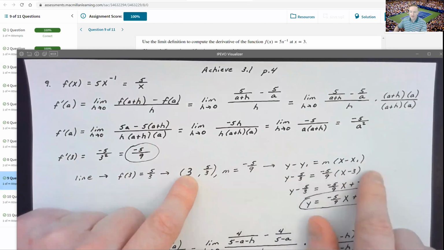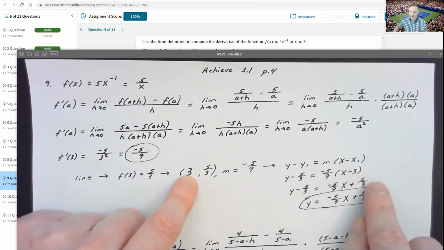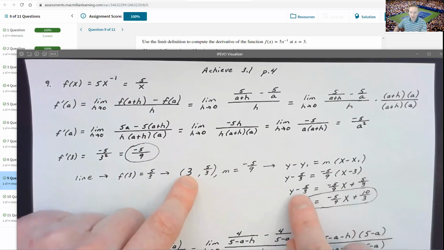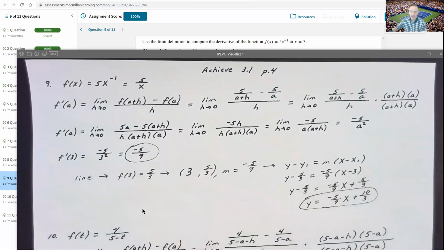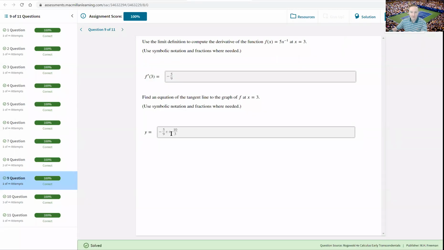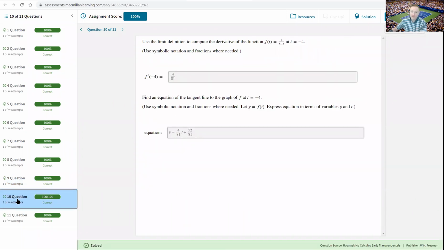I distributed the 5/9 on the right, and then I added 5/3 to both sides. And in this case, it gave me 5/3 plus 5/3 for a total of 10/3. And you can see my equation of the tangent line was -5/9x plus 10/3, which was precisely what Achieve wanted for that problem. The next two problems did pretty much the same thing.